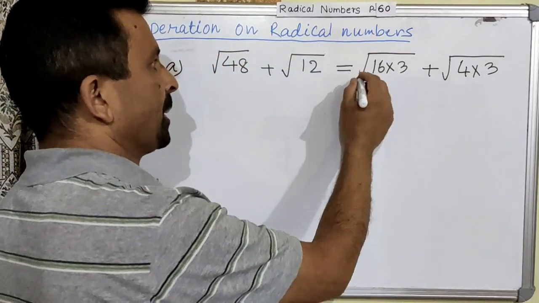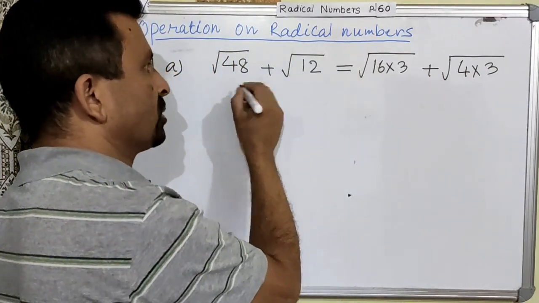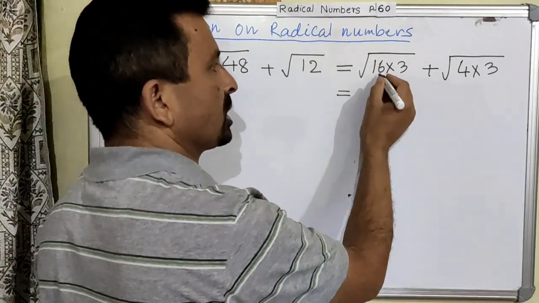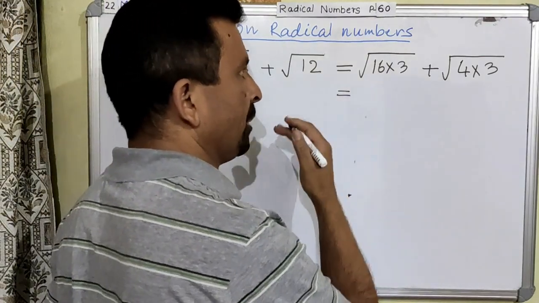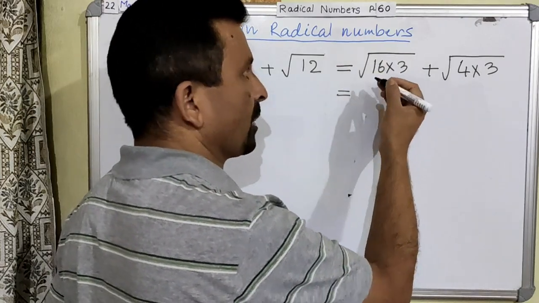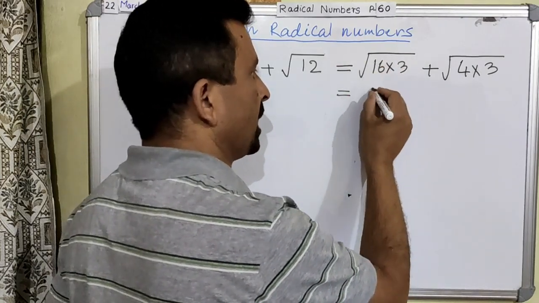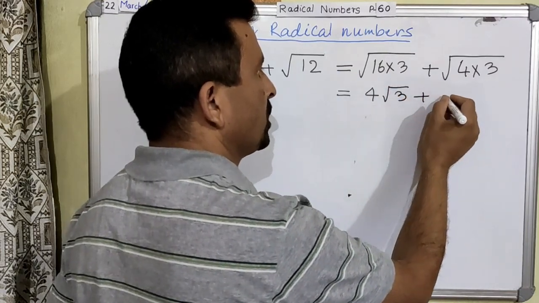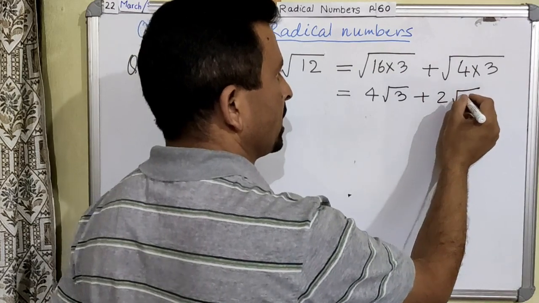And the purpose of factorization is so that we can reduce these radical numbers. Isn't it? So those numbers which are perfect square will be able to come out of the radical sign in the form of a square root. So this will become 4 root 3, and this will become 2 root 3.